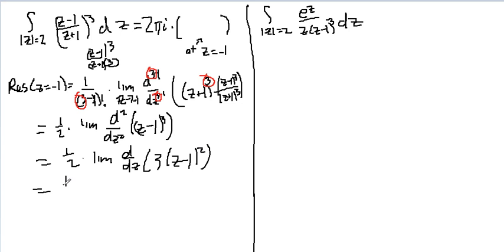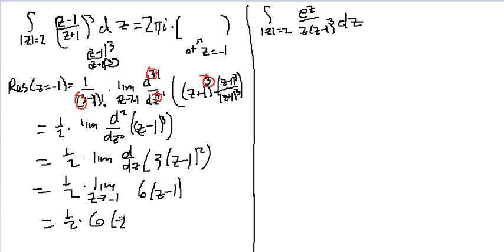Now I need to take a second derivative, limit as z approaches the singularity, -1, and I get 6 times z minus 1, which equals 1/2 times 6 times -1 minus 1, that equals -6. So the answer to this is 2 pi i times -6, which equals -12 pi i.